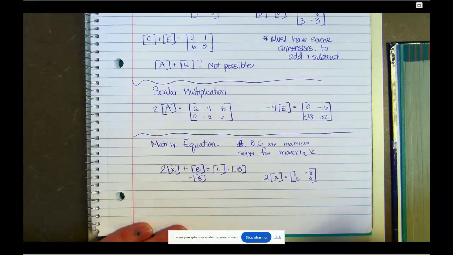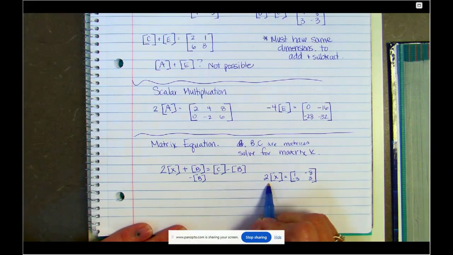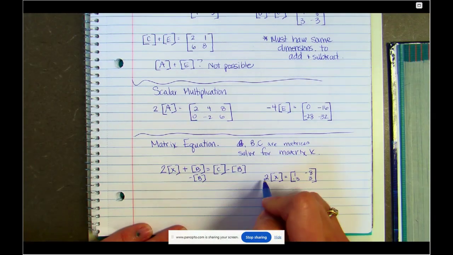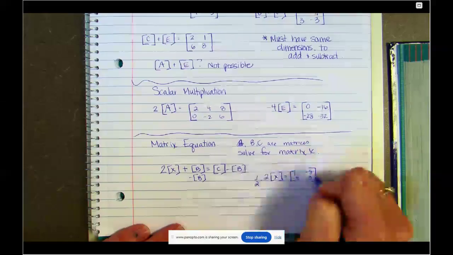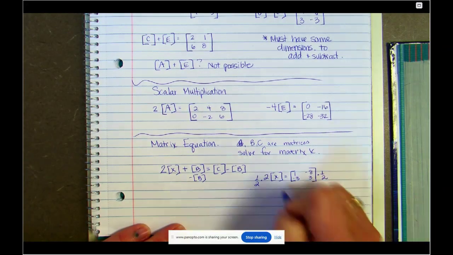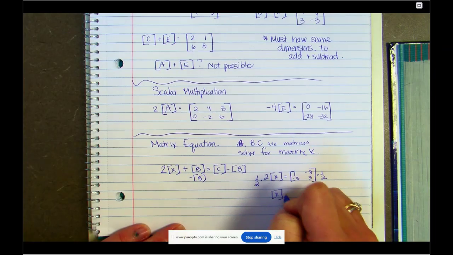Okay. Now, Javon was listening to me, which I appreciate. We don't divide matrices, okay, but this is a scalar, so I can multiply this by what? To get rid of the 2. Yeah, I can multiply by 1/2. So then matrix X is half of this.